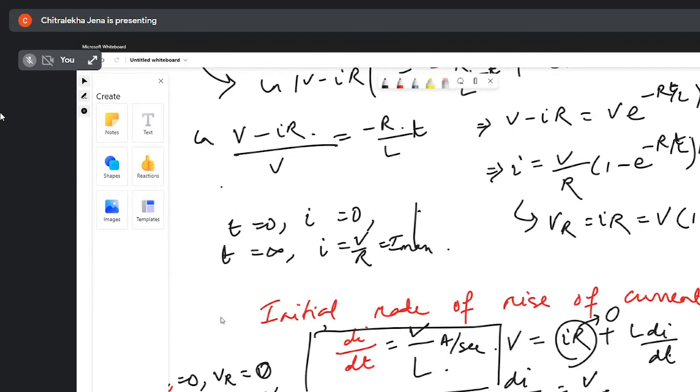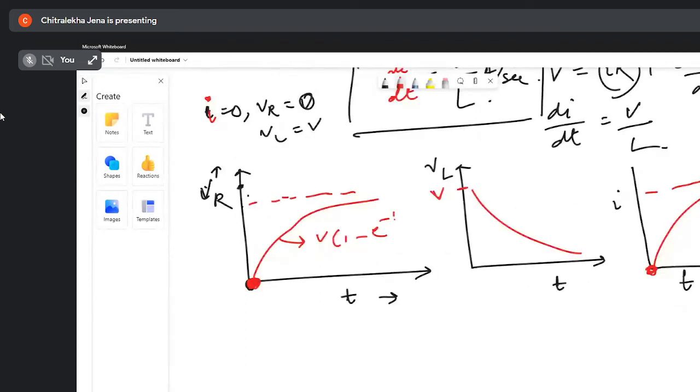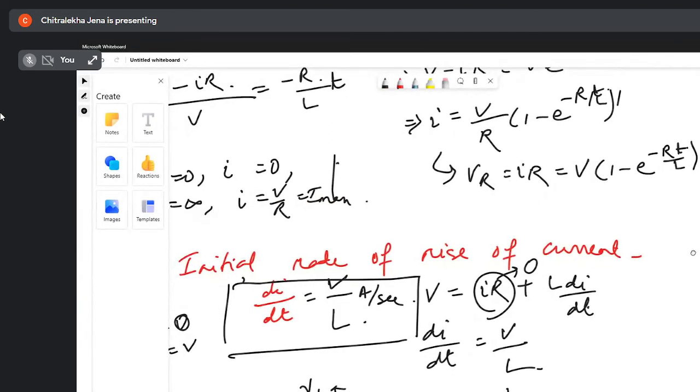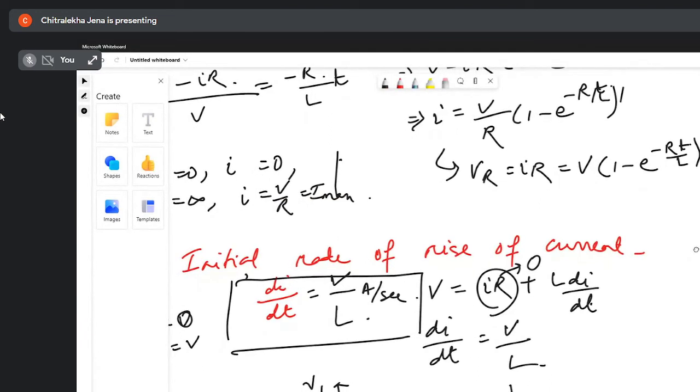Here 1 minus e to the power minus R by L into T. Ma'am, can you show the equation? Yes, I will show the equation, see. Got it? Yes ma'am, got it.